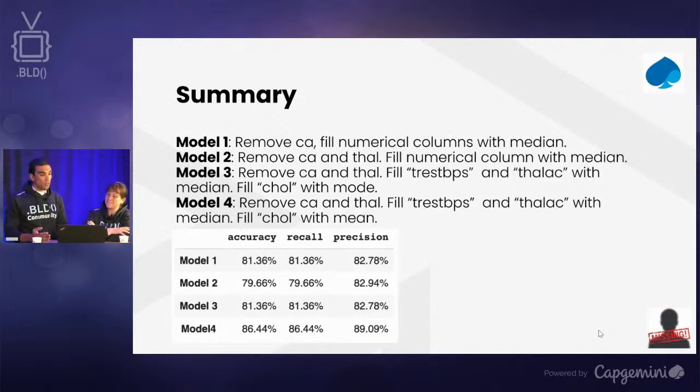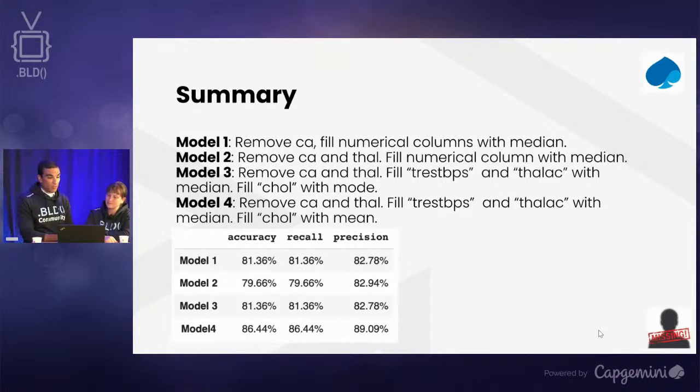Right. So all these 4 models that we are running now with this new data set that we are taking from the last example, but with more missing values or less data. So for the first model, what we are doing is removing the CA column and filling numerical columns with median. Then for model 2, we are removing the CA and tall columns, filling numerical columns with median.